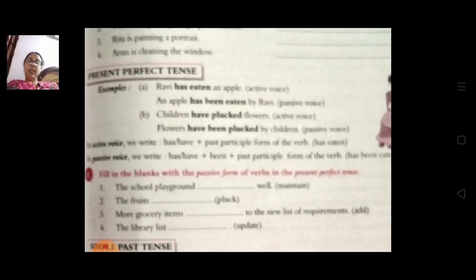Whenever we are making active to passive voice in present perfect tense, the rule is that we will write has or have been, plus the past participle form of the verb. So now we are going to fill the blanks with these.